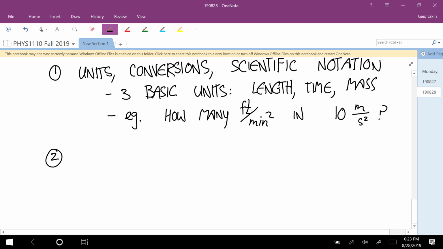So after we're done talking about units and conversions, we're going to get into what you can think of as really the first physics topic, and that is one-dimensional particle kinematics.